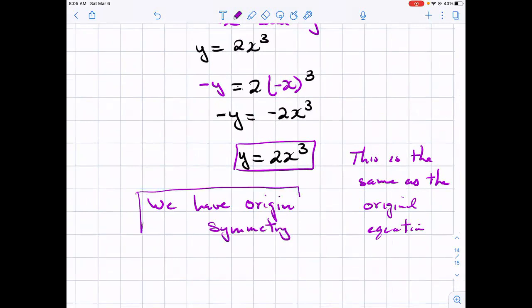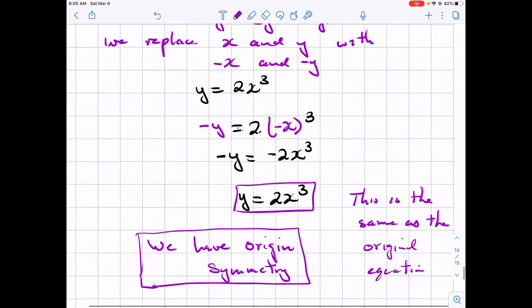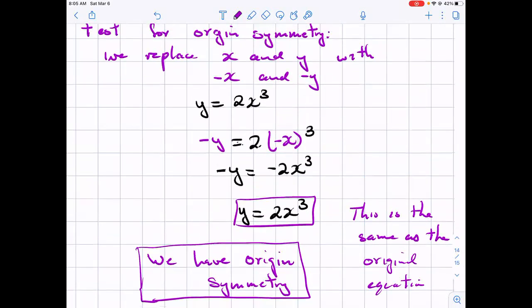There is only origin symmetry. So when you check for symmetry, unfortunately, it's 3 things you have to do, but it has to be done.